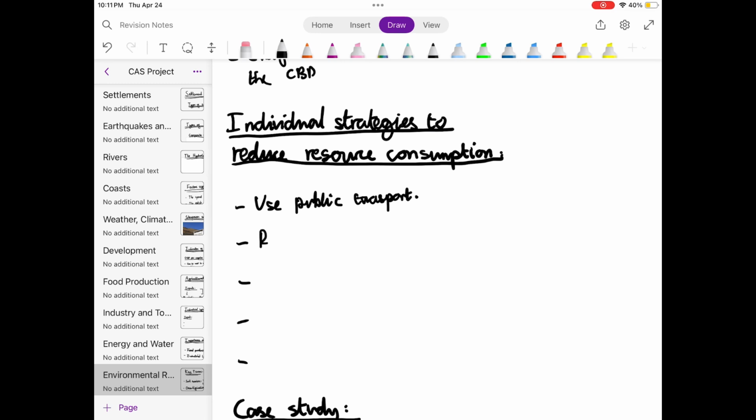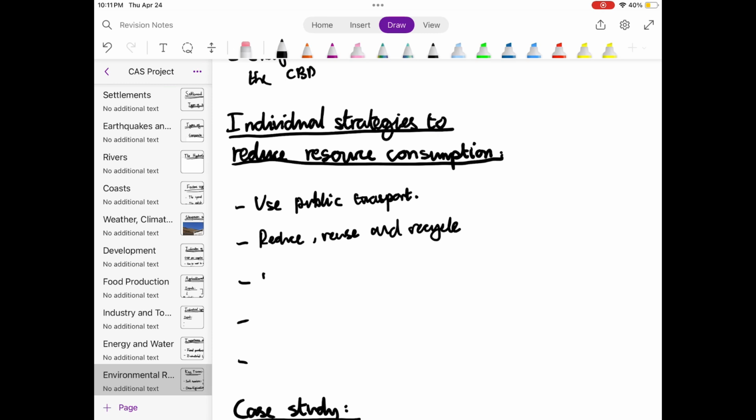The next is to reduce, reuse, and recycle. So by this I mean reusing organic products or products that you might not need anymore, and just applying all these terms, so reducing them, reusing them, or recycling them. And this can help to conserve the resources we have.